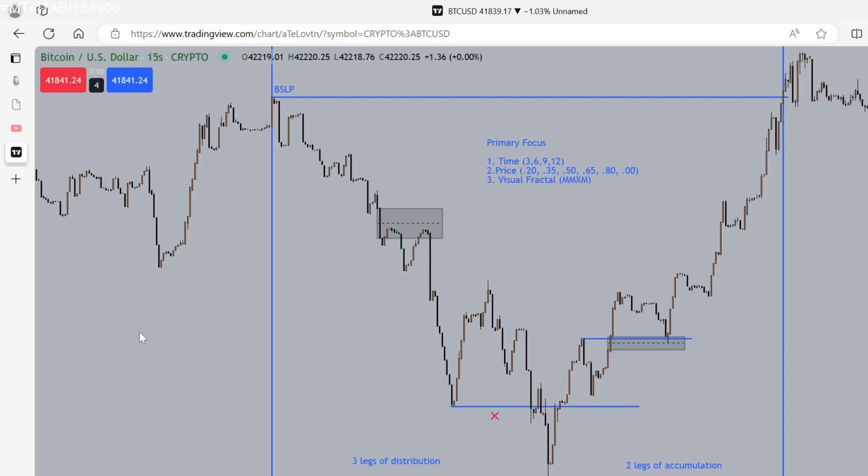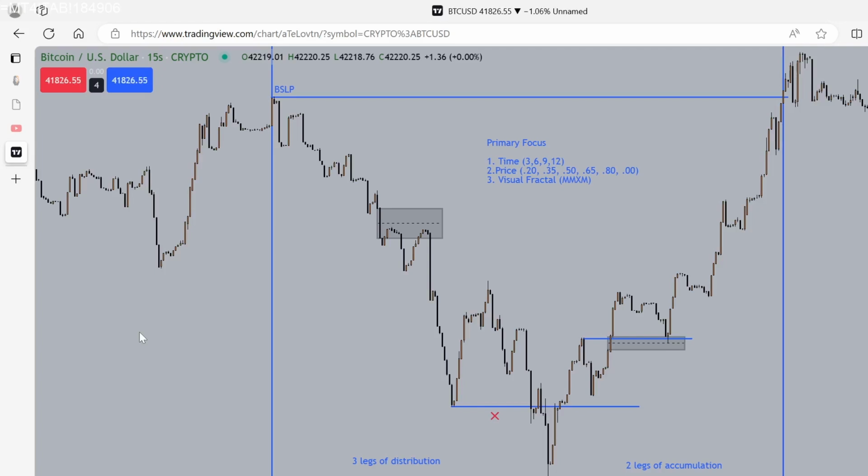The second thing that we're going to be looking at is price. The levels that we want to be looking at are the 20 level, the 35 level, the 50 level, the 65 level, the 80 level, and the big figure level.